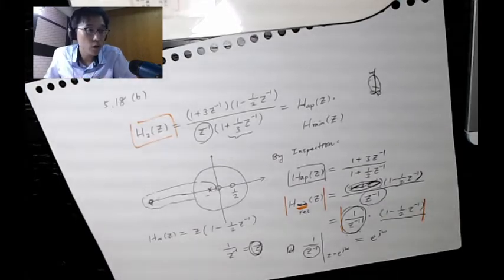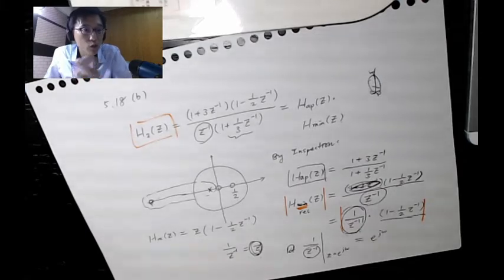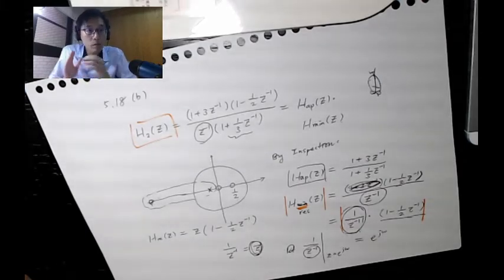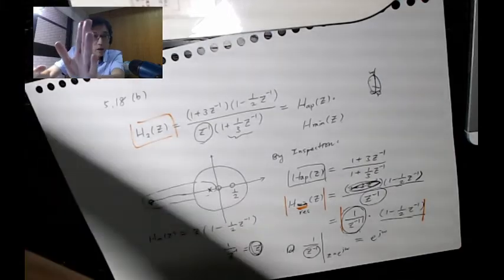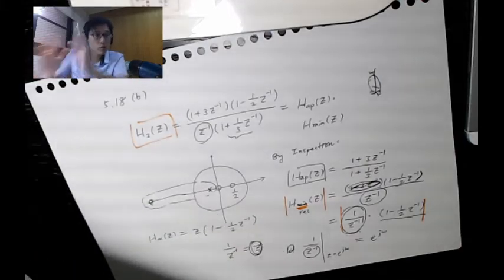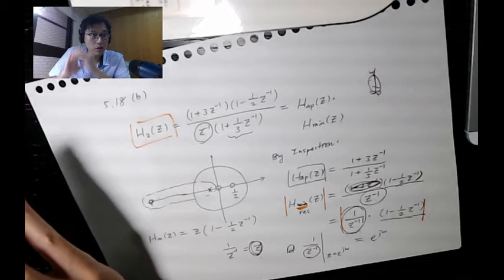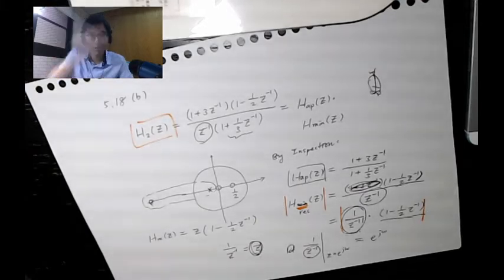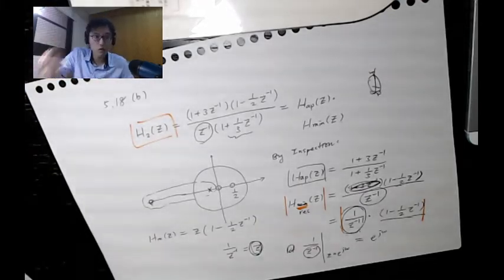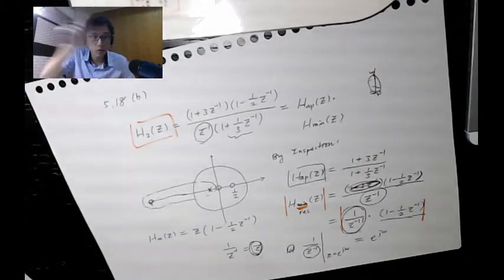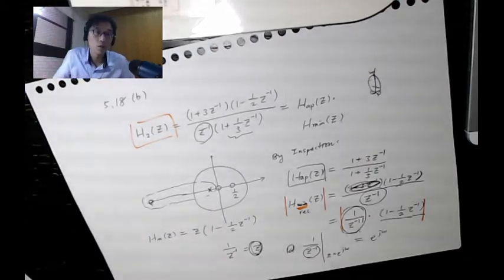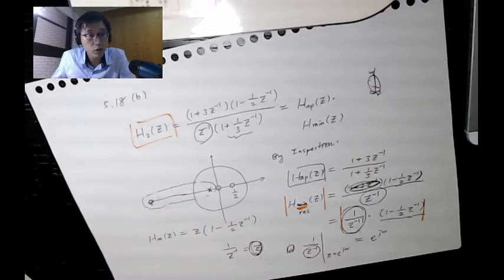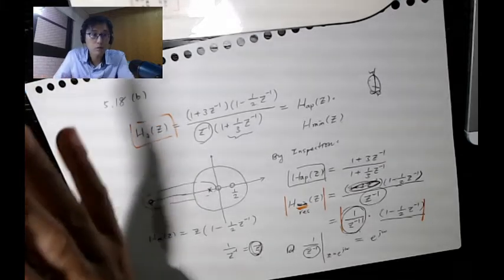Whether to leave it in the minimum phase part or throw it to the all-pass part, it is totally fine, because it is not going to affect the magnitude response. If you go around the unit circle, the magnitude of e to the j omega is always 1. So either way, both are fine.